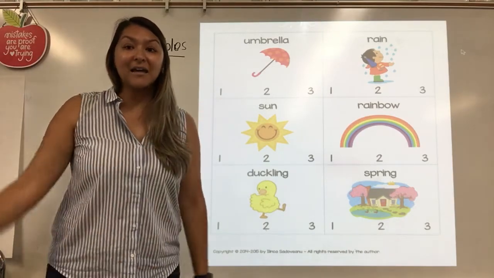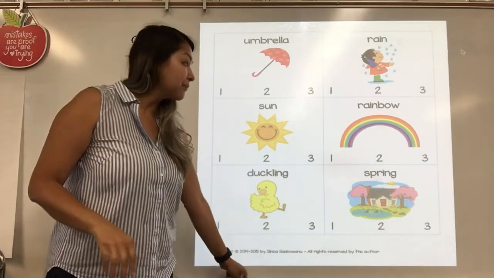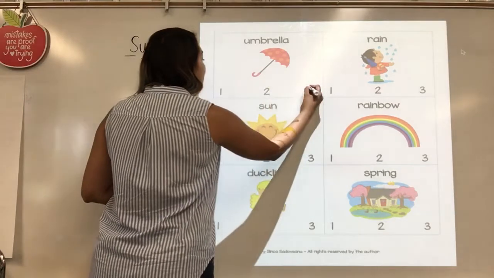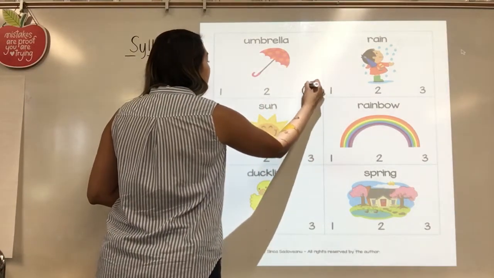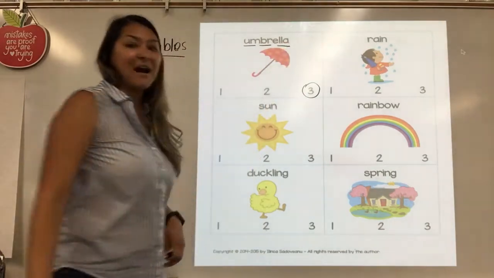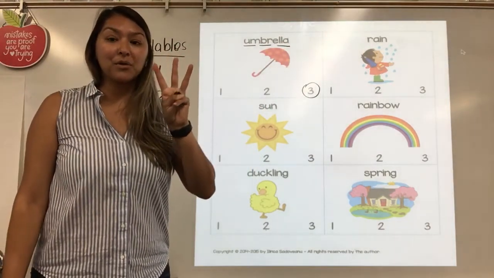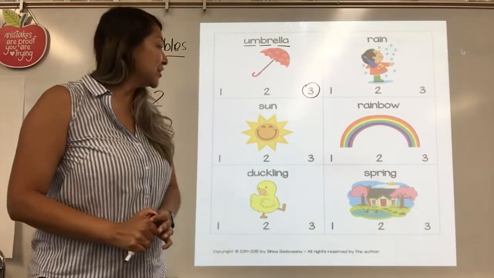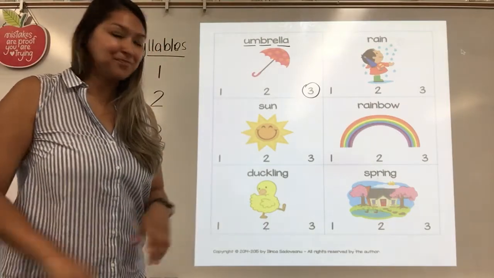Umbrella. I hear 3 syllables in the word umbrella. Okay? So I'm going to go ahead and circle the number 3. I hear 3 broken parts in that word. Okay, let's continue. Let's do the next one.